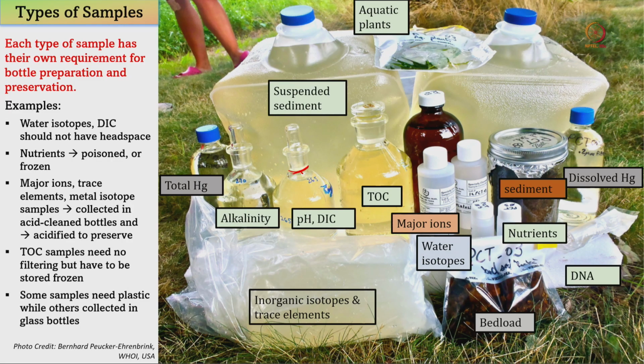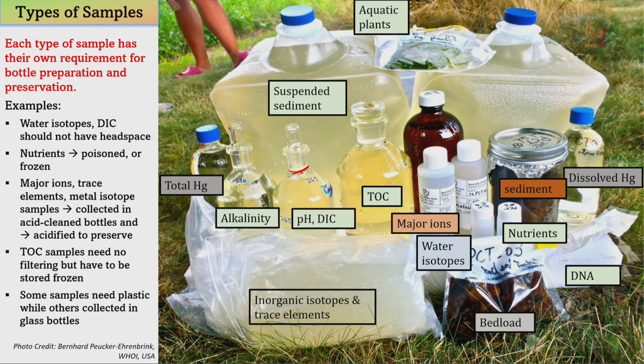So, different kinds of bottles are used, and different kinds of preservatives are also used. This is the carefulness we have to maintain when we are taking our sample. Otherwise, the data that we are going to produce after so much hard work will show error.